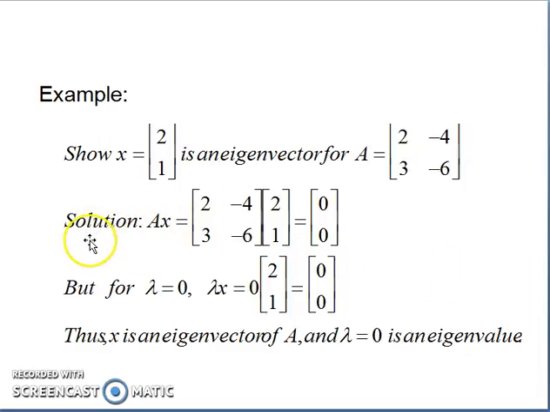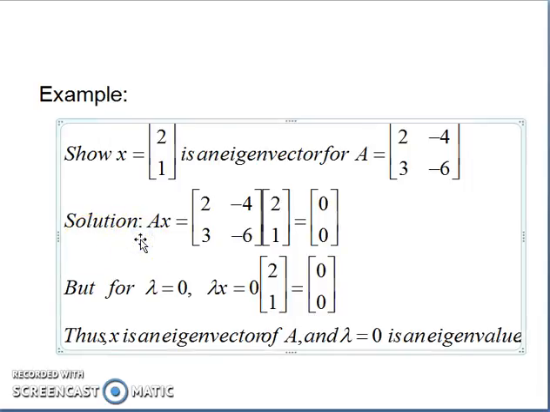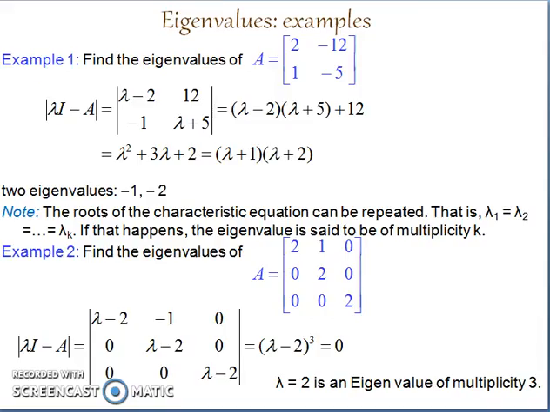First find Ax. We get Ax equal to the zero vector (0, 0). For lambda equal to 0, we get lambda times x equal to 0. Thus Ax equals lambda x equals 0. Here we can say that x is the eigenvector of A, and lambda is an eigenvalue of A.